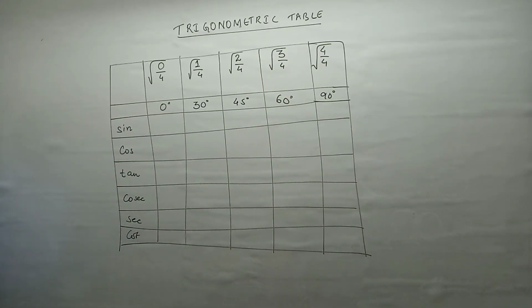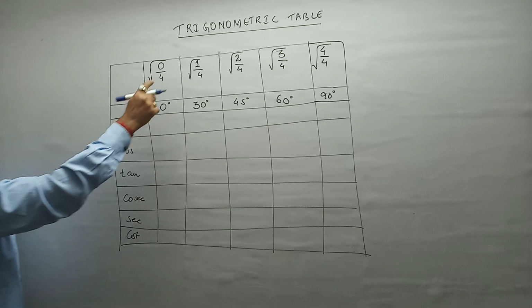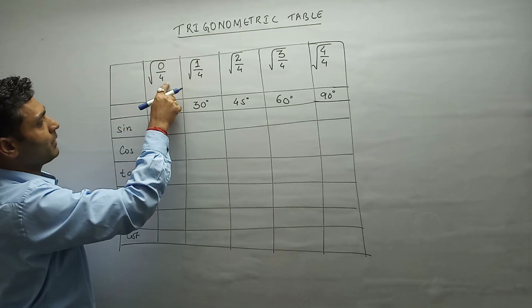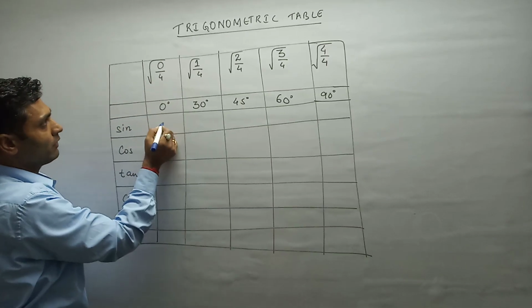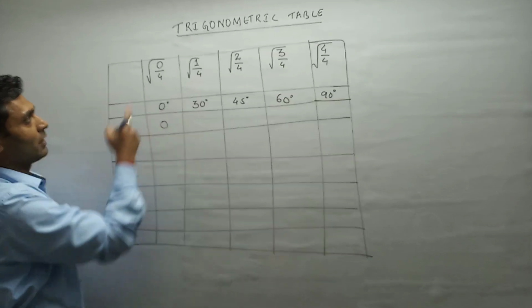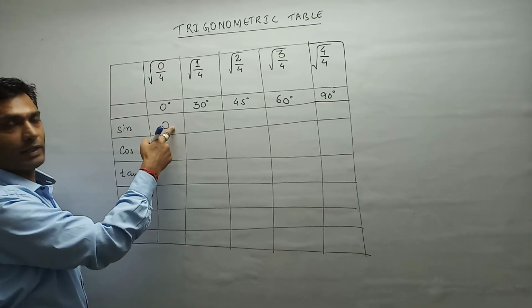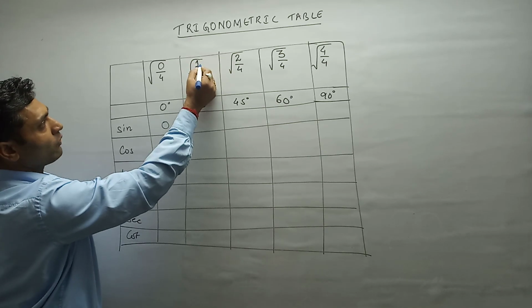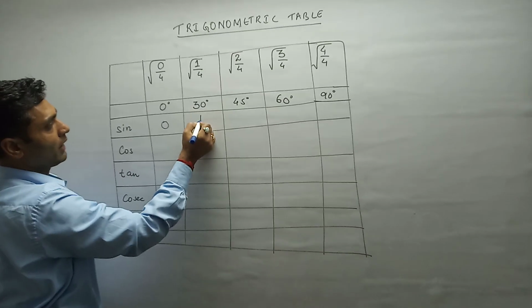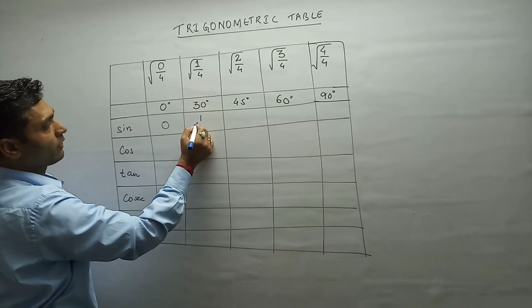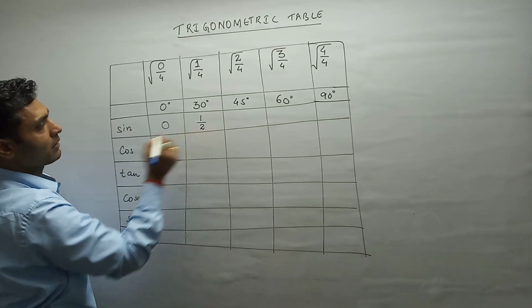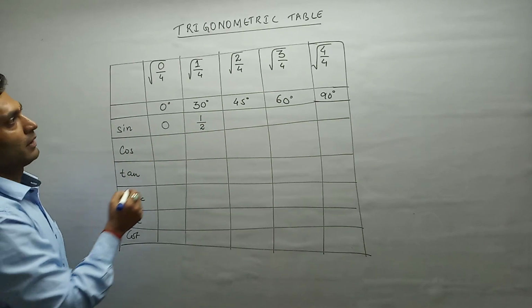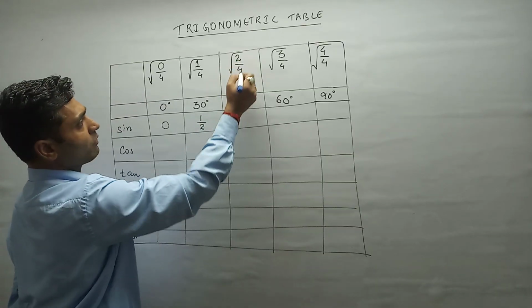Fine. Now very simple, 0 divided by 4 will give you 0. So sine 0 degree we get 0. Likewise the square root of 1 is 1 and the square root of 4 is 2. Here we can reduce this to the lowest term.